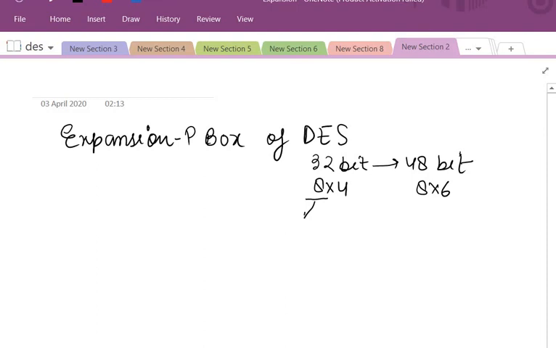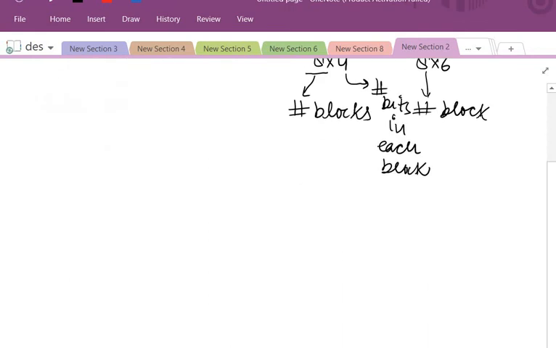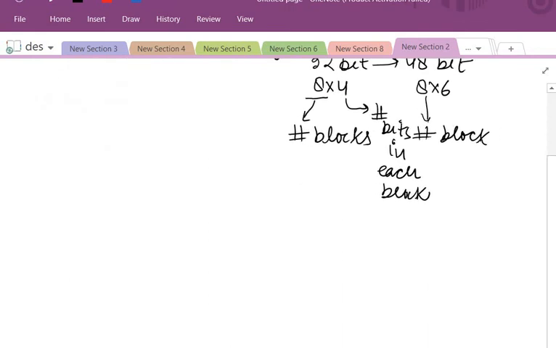Here the 8 represents the number of blocks, and the 4 represents the number of bits in each block. So for the 32-bit input there are 8 blocks, each having 4 bits.